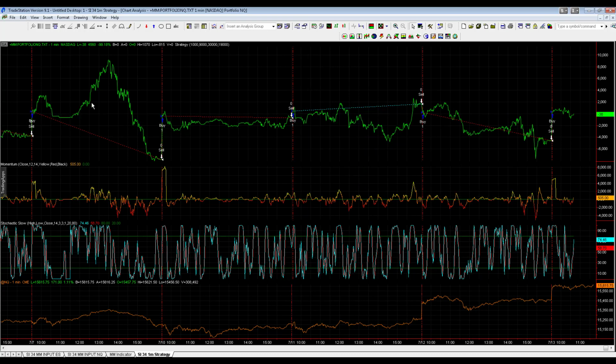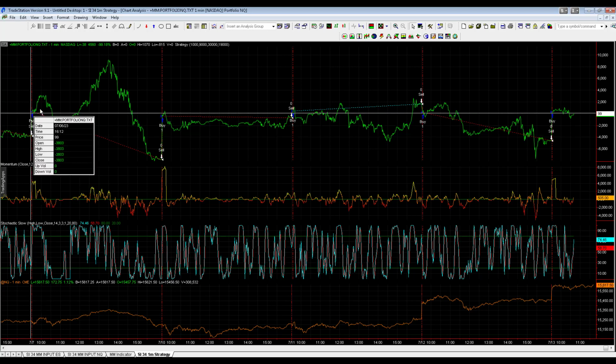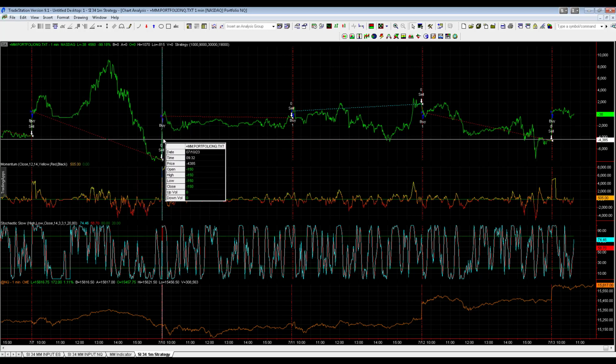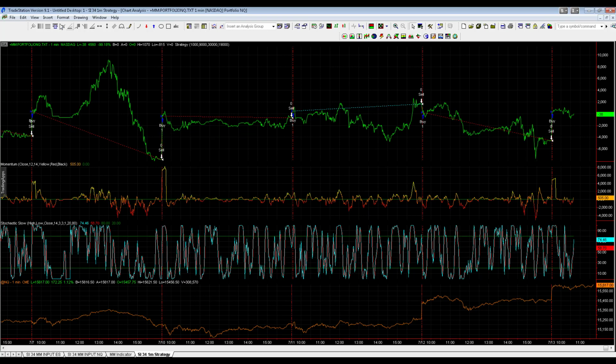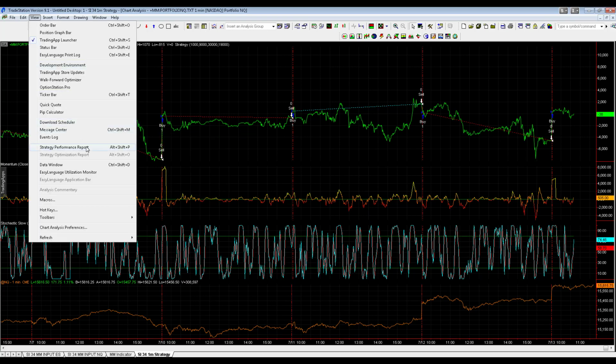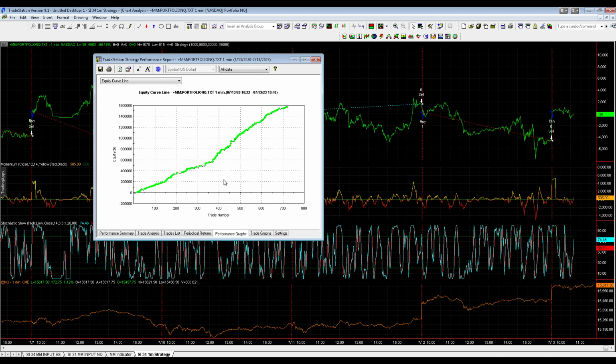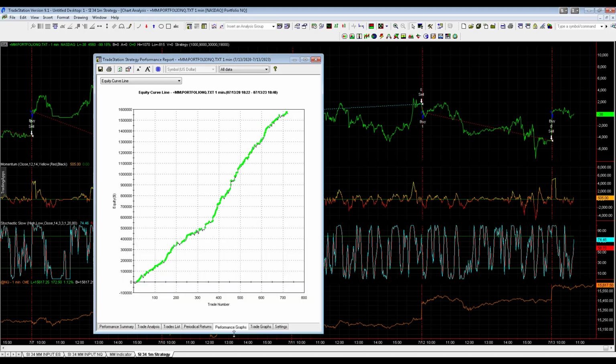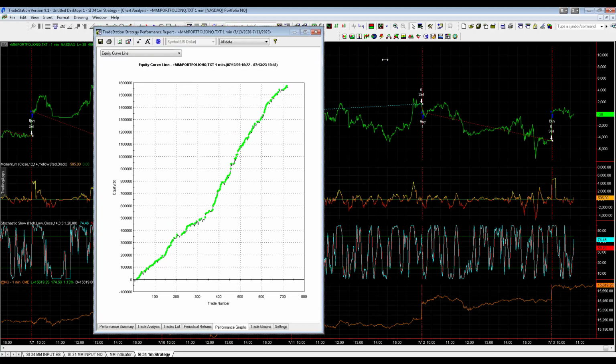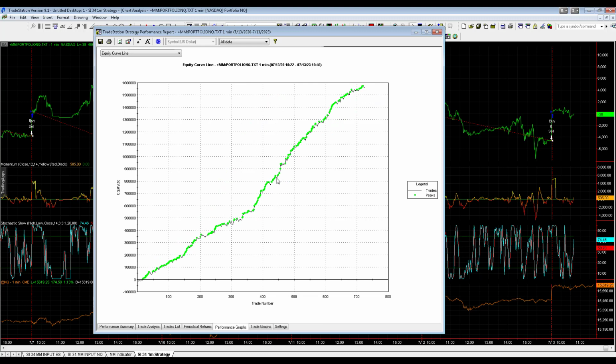And so this is not the market, this is the P&L. So you're going long your own portfolio every day, and then you can view the strategy performance report of this. And so this is the strategy performance report going back 3 years for the combined equity curve for all those strategies. And you can take a look where this drawdown is.